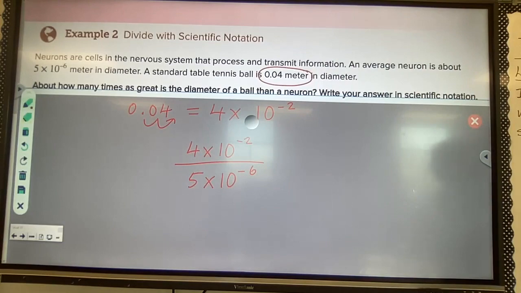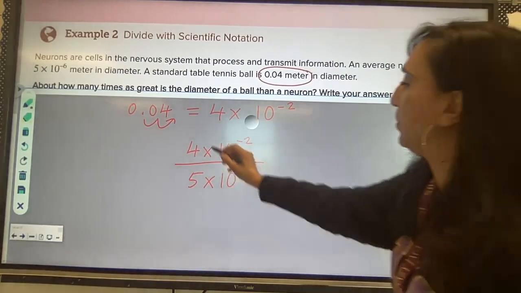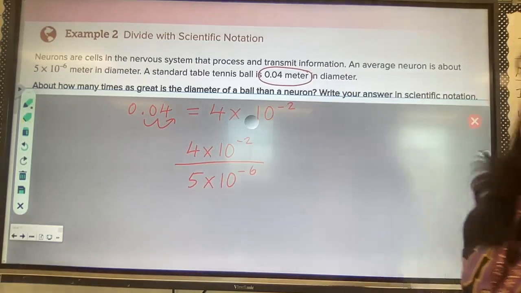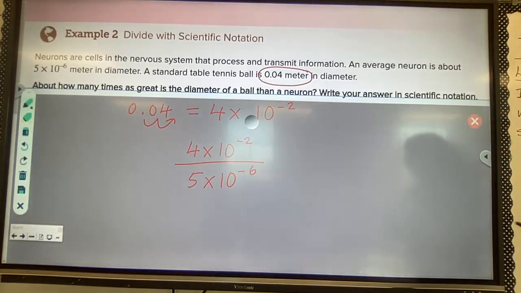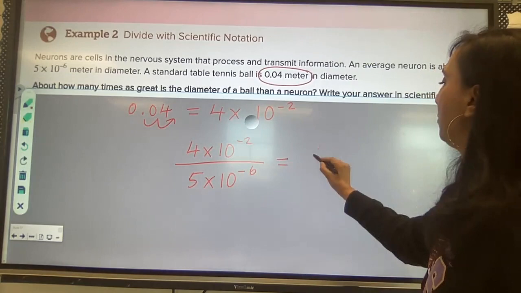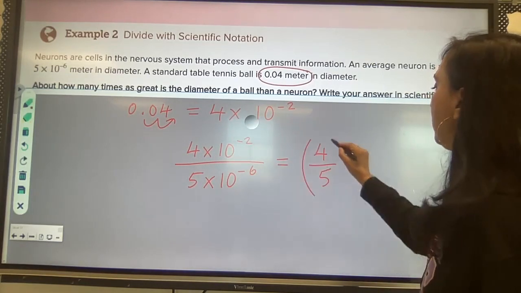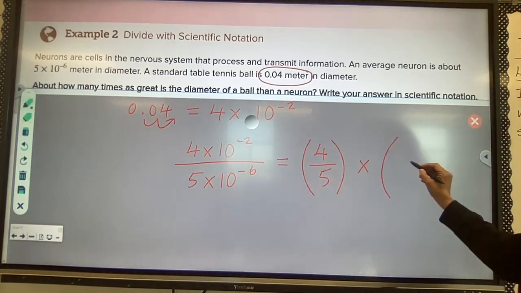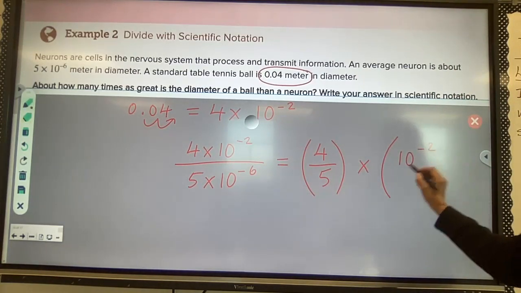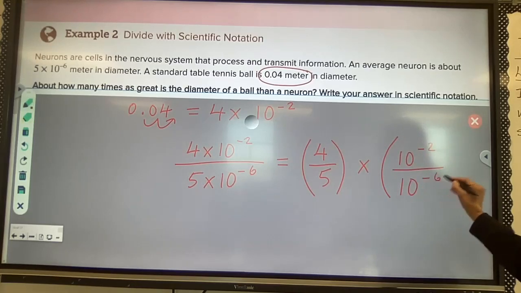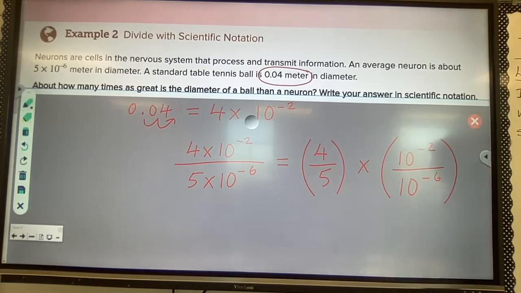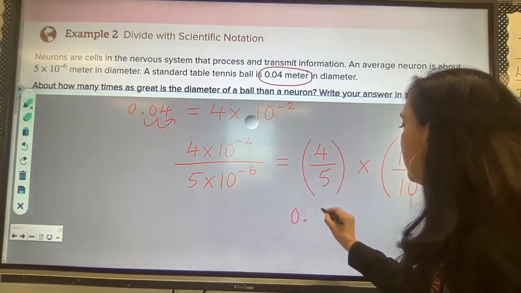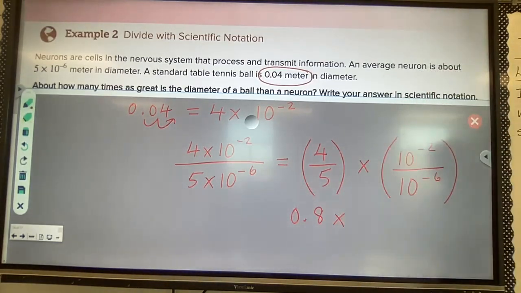So next we're going to do the associative property, and we are just going to group this part together and then this part together, the exponent part together. Okay, and then what is 4 divided by 5? I'm going to get 8/10. Okay, so if I divide this, I get 8/10 times.